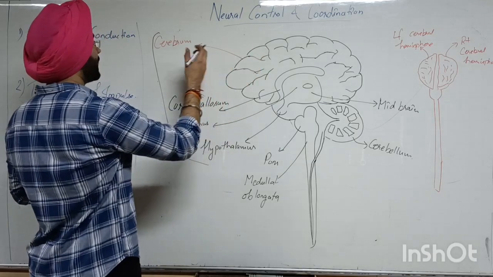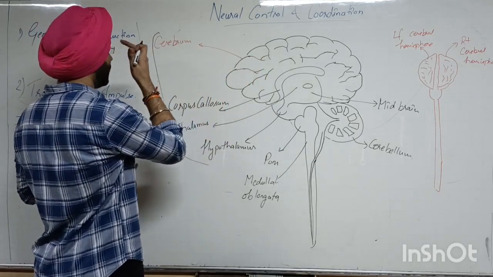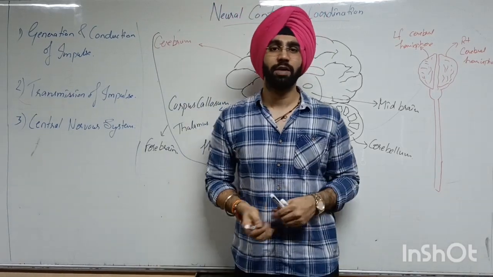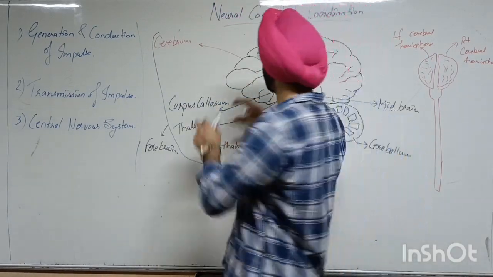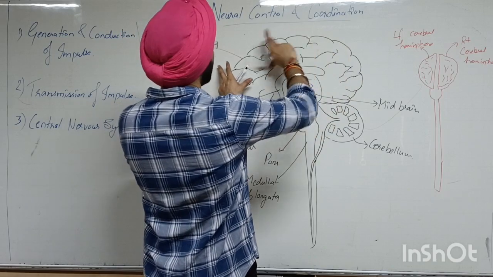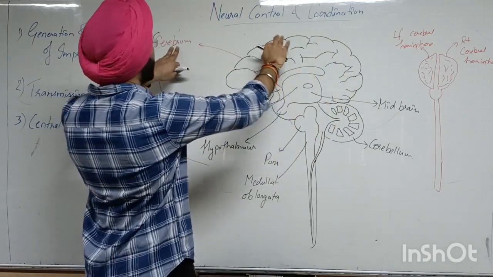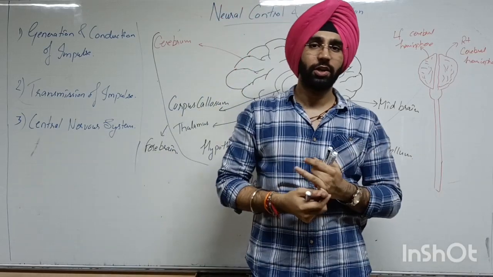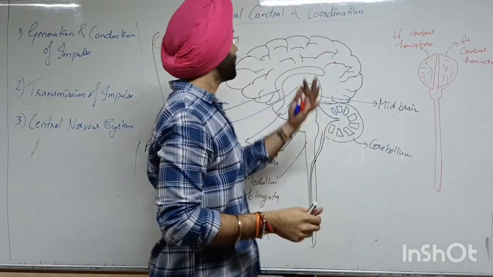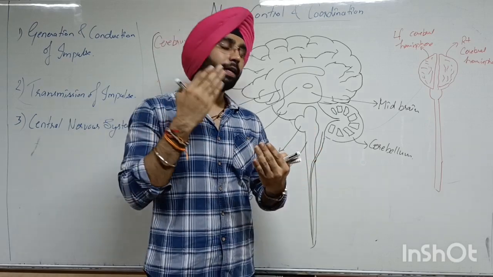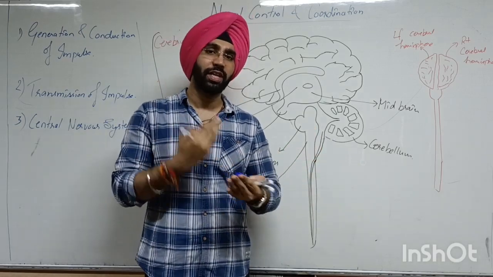Inside the cerebral cortex, there are myelinated nerve fibers. That is why this is made up of gray matter, because myelinated neurons are present. Inside the cerebrum, sensory and motor neurons are also present. Every kind of sensation I have already talked about: the touch receptor, pressure, temperature, each and everything.